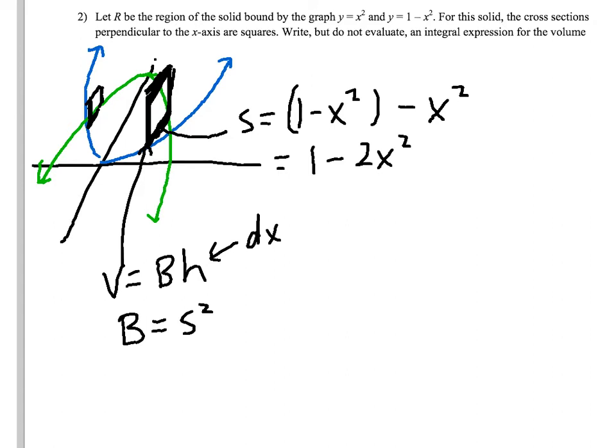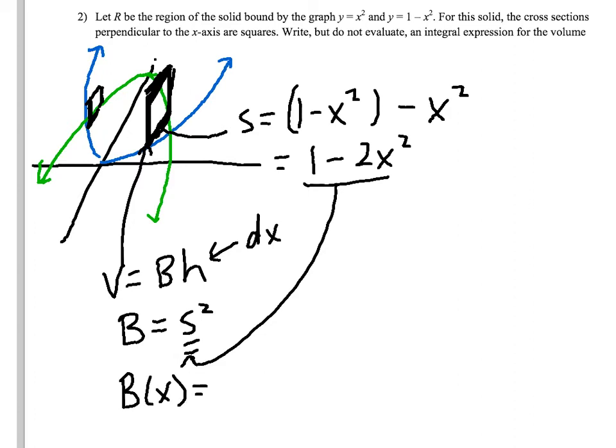Now let me back up. To find the area of the base as a function of x, we just plug that side in over here. So the area of the base as a function of x is 1 minus 2x squared, that's the side, and then we square that. Also from calculus, we learned to take the volume.